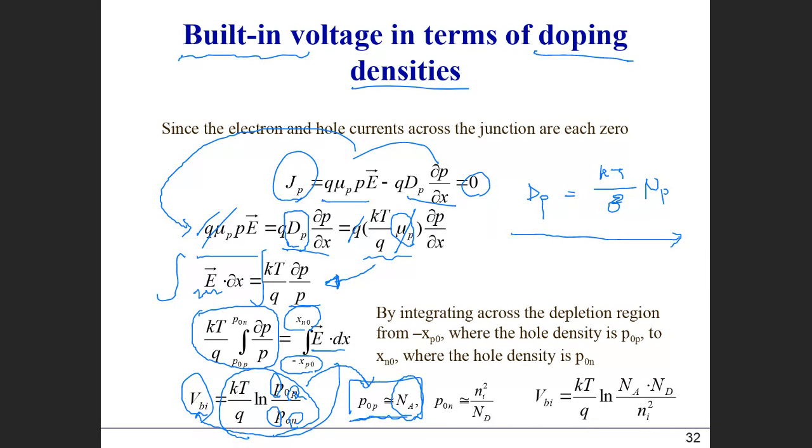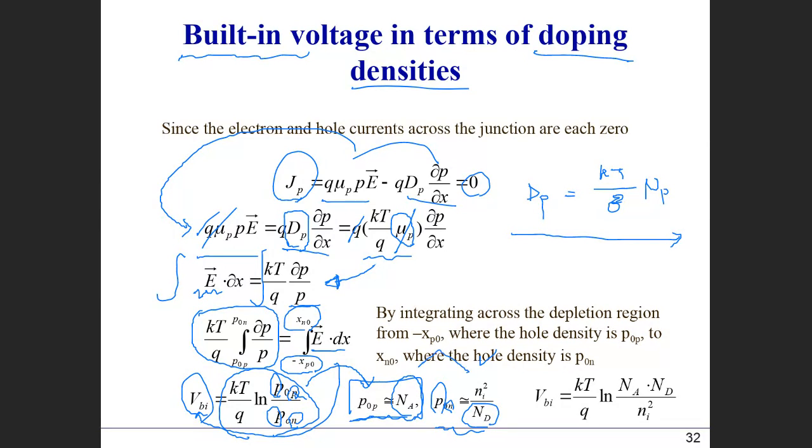The N side hole represents the minority carrier concentration, which we can calculate from this equation. Ni represents the intrinsic carrier concentration. So Ni squared divided by your doping Nd represents the minority carrier concentration in the N side.